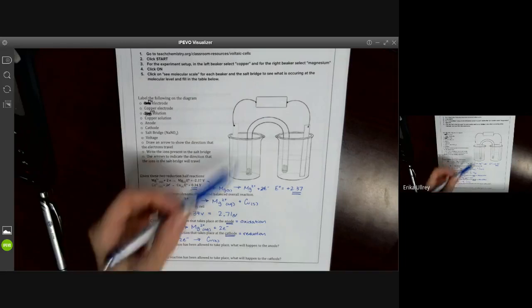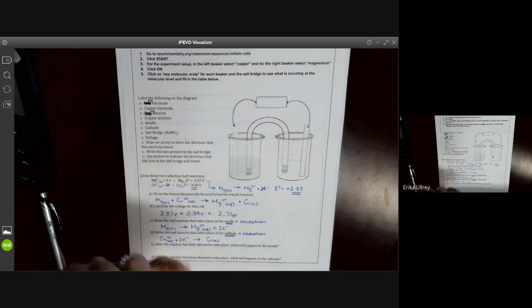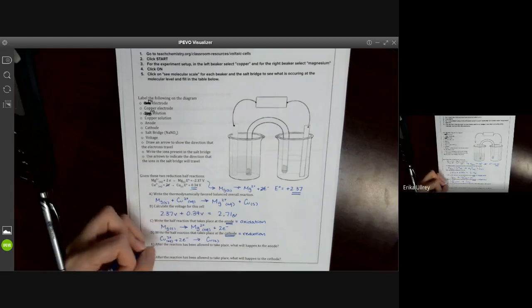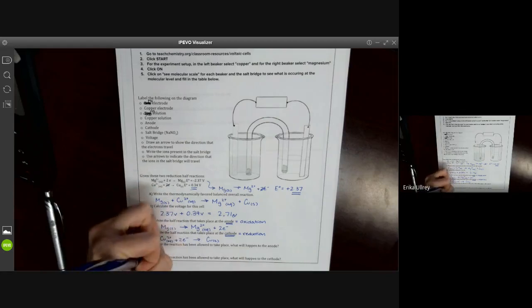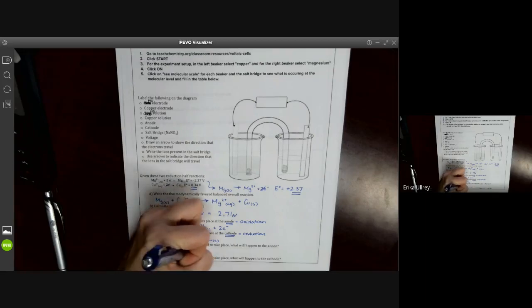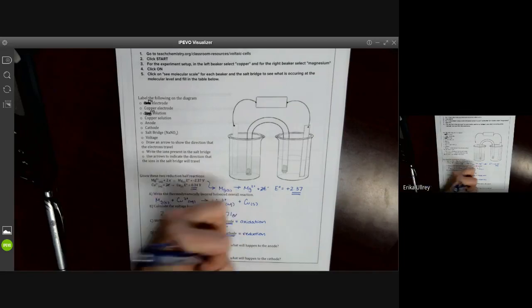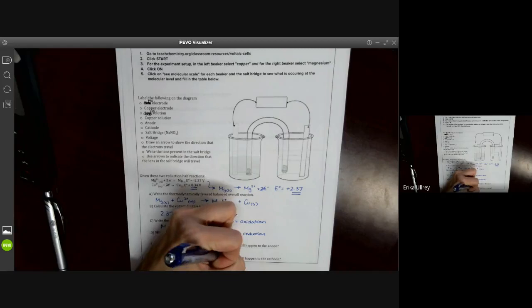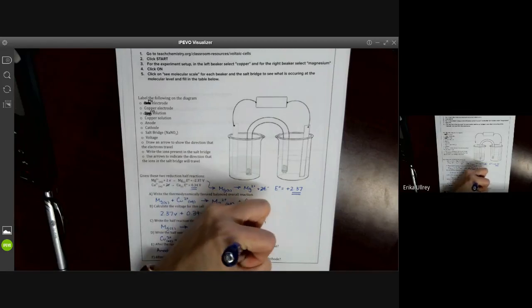Exactly. So that solid electrode that's over there, we're going to actually lose some of that solid magnesium, and it's going to turn into a dissolved substance in the solution. So absolutely, the anode is going to lose mass, as magnesium solid gets converted to aqueous ions.